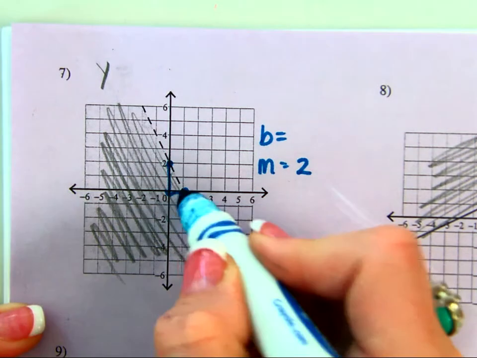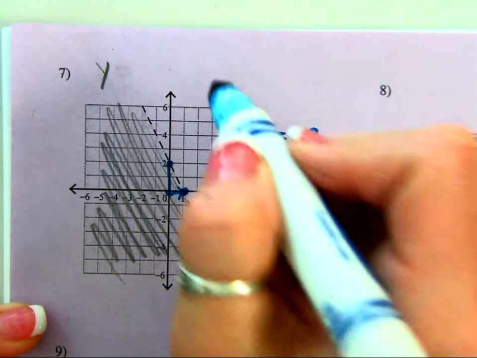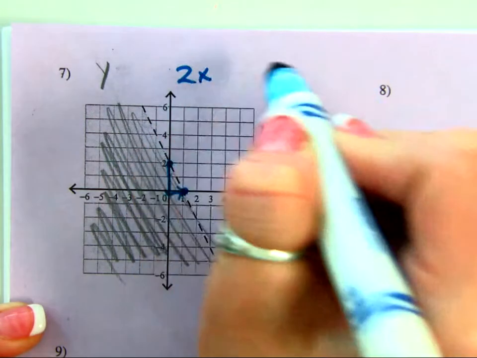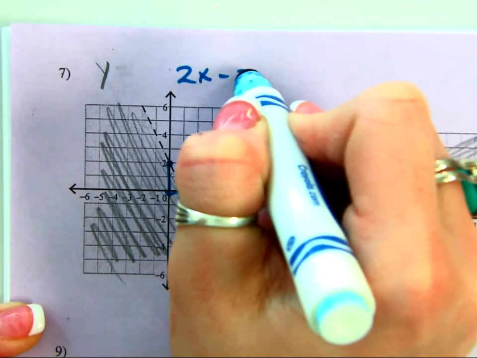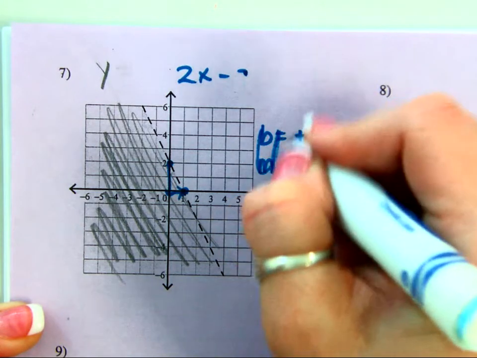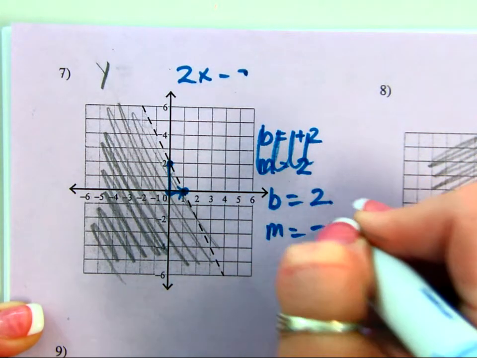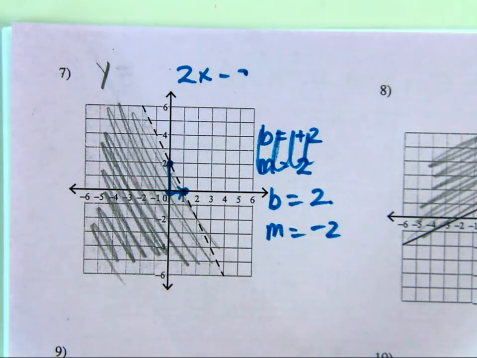Oops, sorry, I have that backwards. You're beginning at positive 2. You're moving down to negative 1. I did it backwards last hour. So this is going to be negative 2x plus 2.